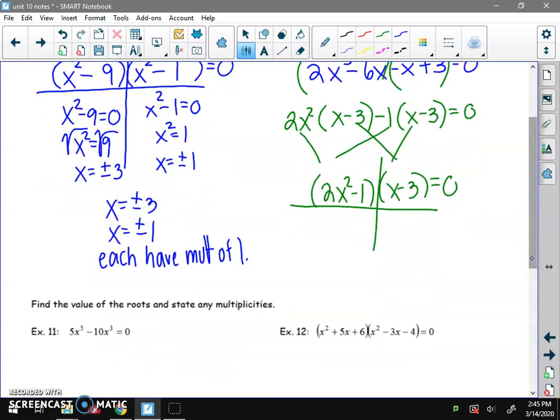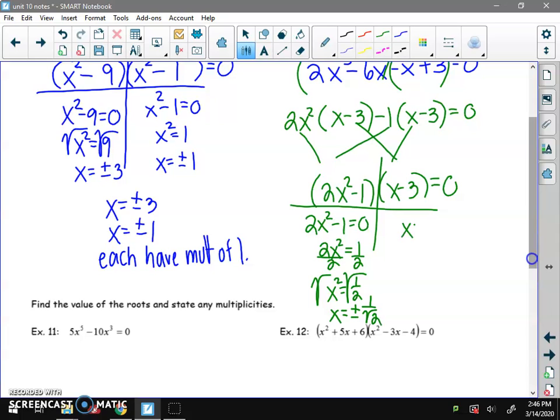On this side, I'm going to have 2x squared minus 1 equals 0, which makes 2x squared equal to 1. Divide both sides by 2, so x squared is a half. If I take the square root, 1/2 is not a perfect square, so my answer is just going to be plus or minus 1 over radical 2.